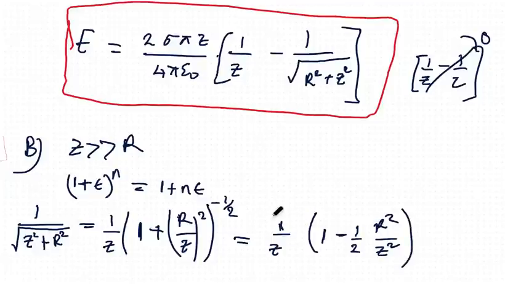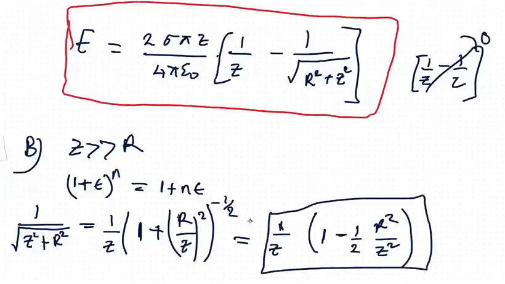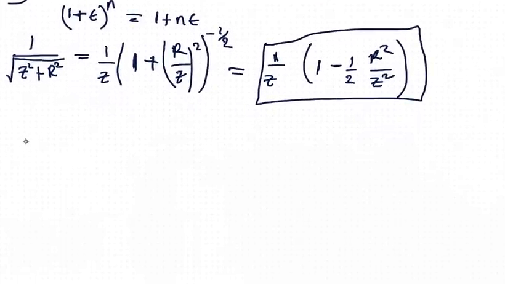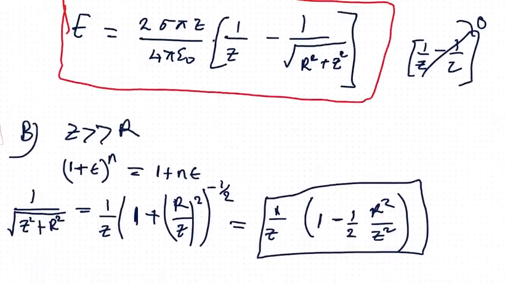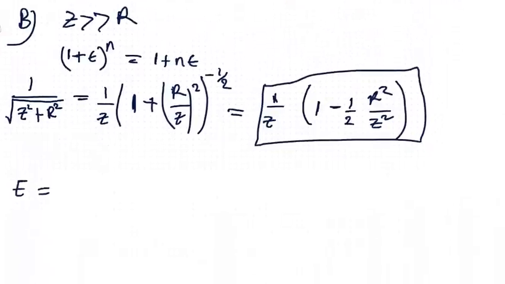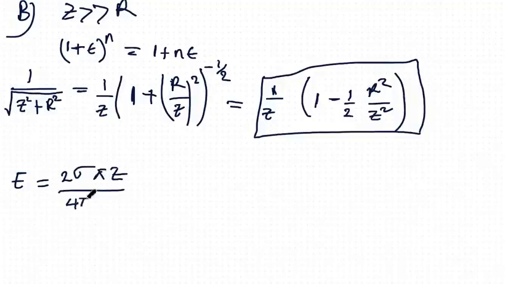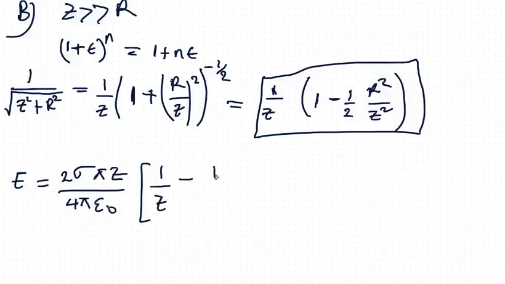Substituting this expression in the electric field, we'll have E equal to 2 sigma pi z divided by 4 pi epsilon naught, times (1 divided by z minus 1 over z times (1 minus 1 over 2 r squared divided by z squared)).